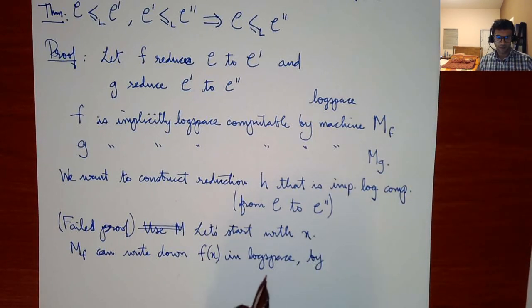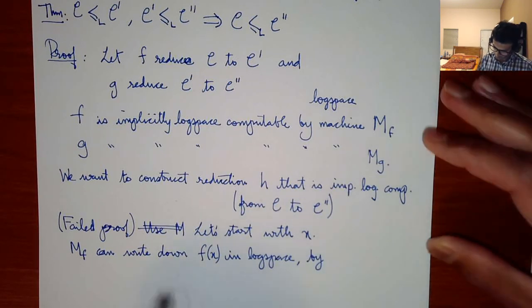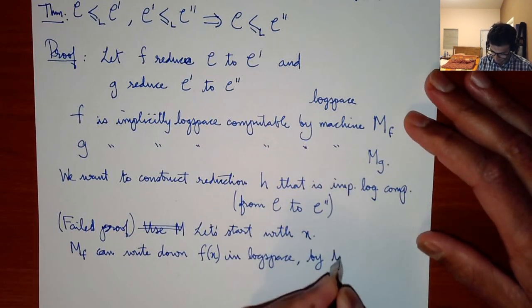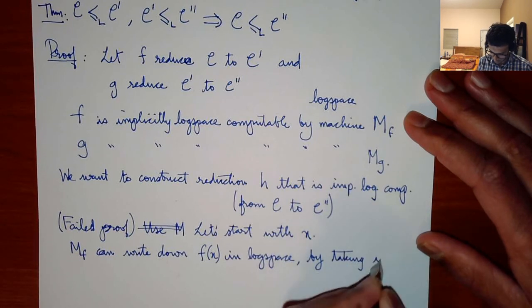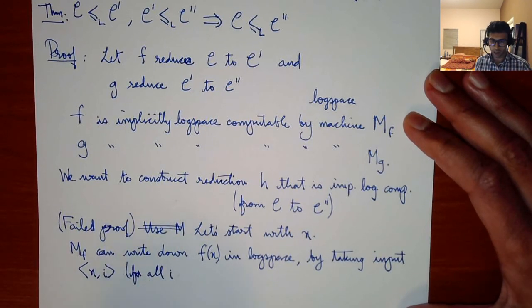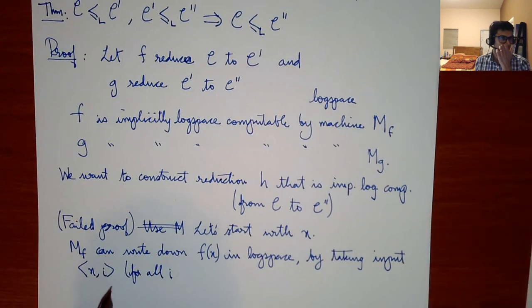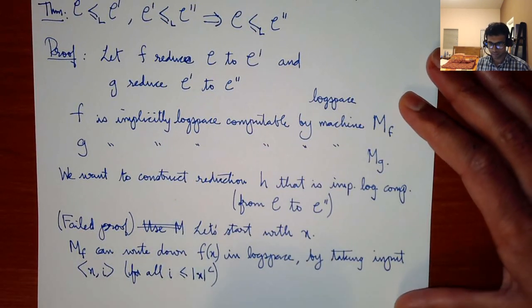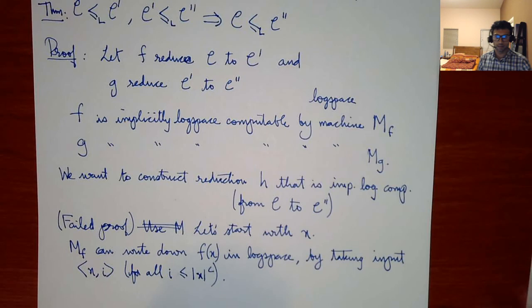Essentially, remember M sub f will take as input x and i, and will write down the ith bit of f of x. So we can write down f of x in log space by taking input x, i for all i, where i is at most some polynomial, so for all i at most |x|^c. And so M sub f has written down f of x.